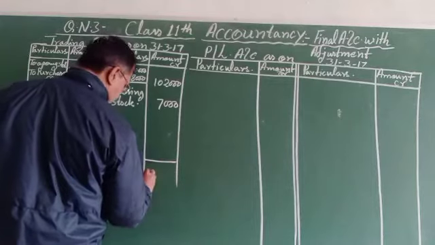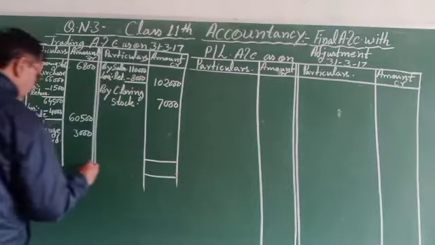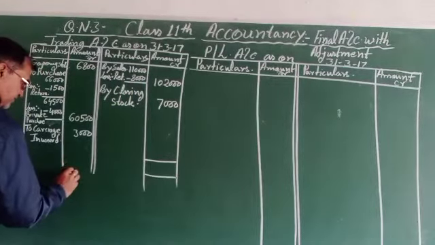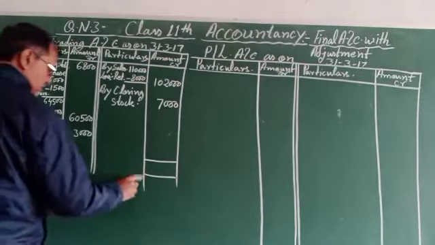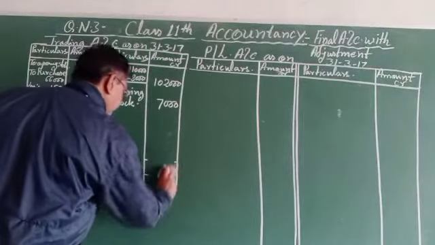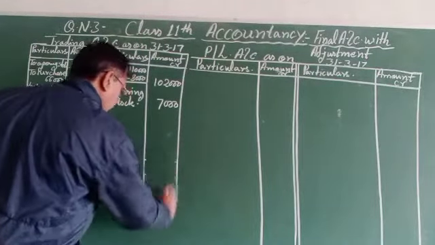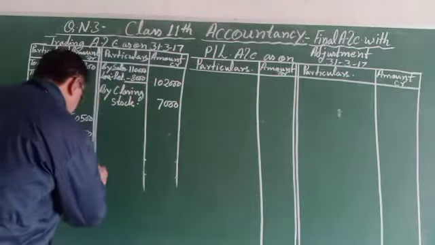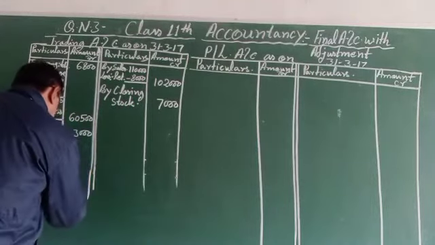You can find the gross profit of the organization. You can see over here. Here we have to total this one. Now see the column.